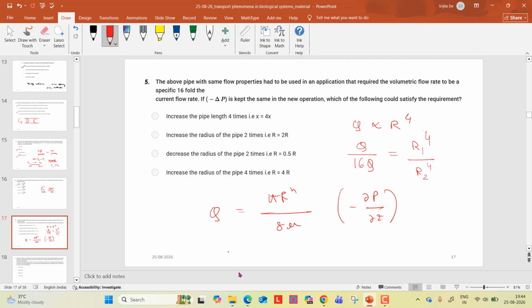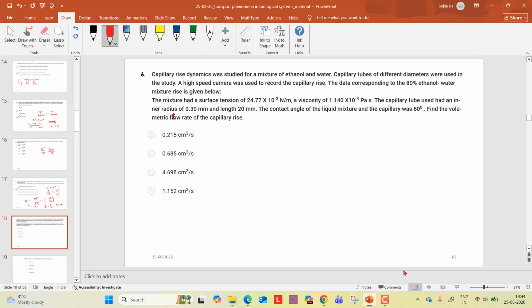So it will be 1 by 16 equals to r1 by r2 to the power 4. Then it will be 1 by 2 equals to r1 by r2. So then r2 will be 2r1, right? So it will be increase the radius of the pipe 2 times. Okay. Next.